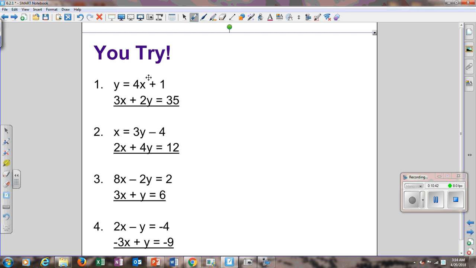Okay, start by plugging this in for y in the second equation. Gives you 3x plus 2 times 4x plus 1 equals 35.